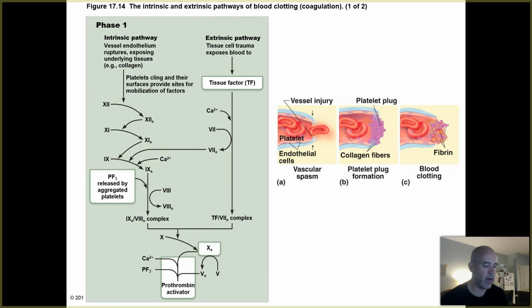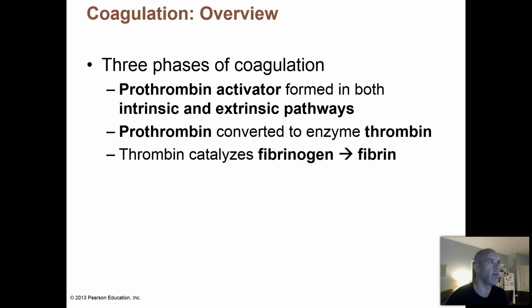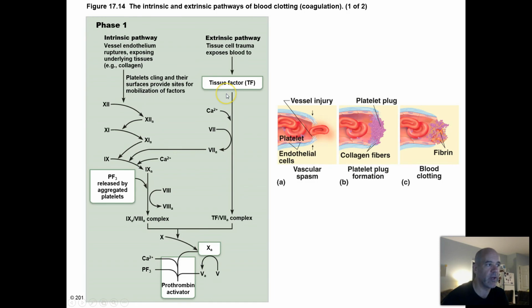Now let's back up over here for a minute. We said our 3 phases of coagulation. The first one, we need to make prothrombin activator. So we're almost there. Once you have this activated factor 10, it functions as an enzyme, and it takes factor 5 and converts it into activated factor 5. It activates it.